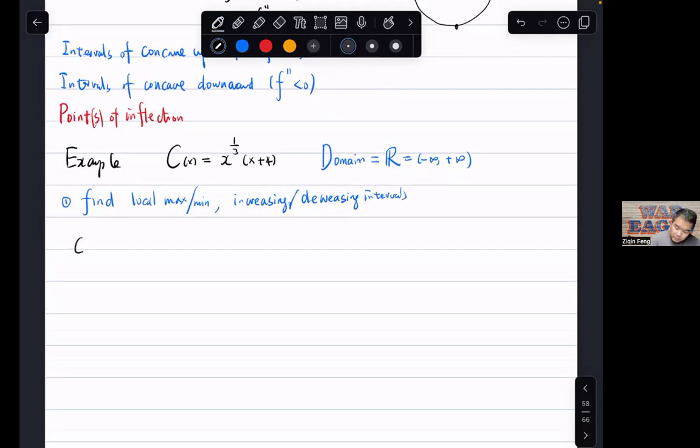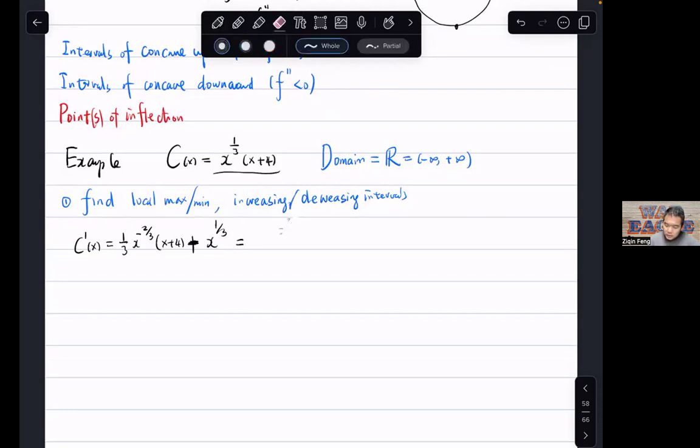So c prime of x, so that's a product of two functions, right? You get 1 over 3 x to negative 2 over 3 times x plus 4, plus x to 1/3, right? Okay, as I said, we don't like negative exponent, so we change it to a fraction if you have negative exponent, negative power, right? So this is x to 2 over 3. No, sorry, that's wrong.